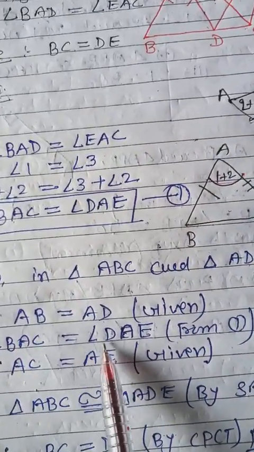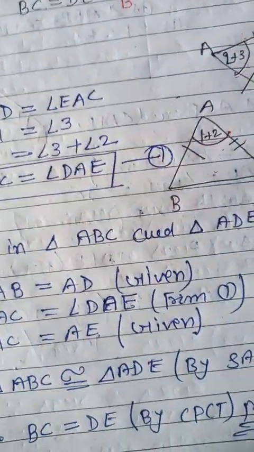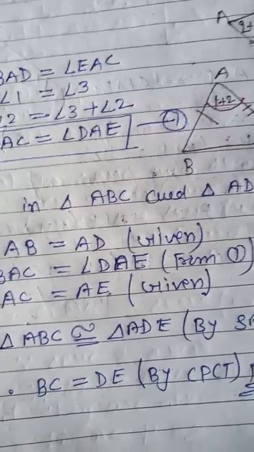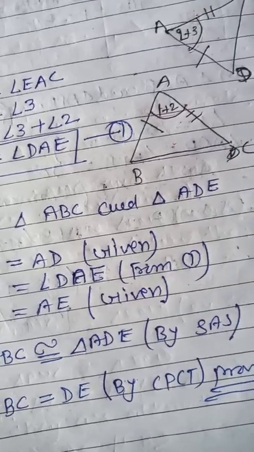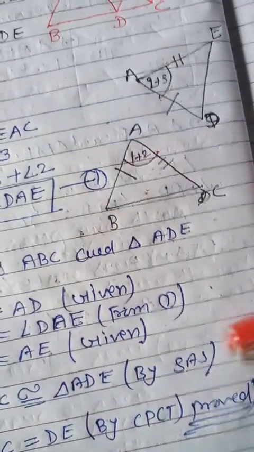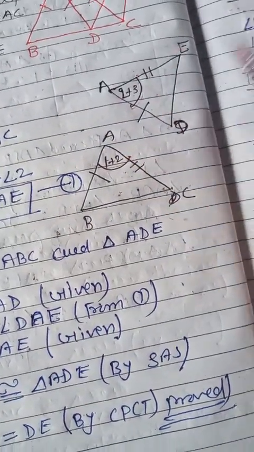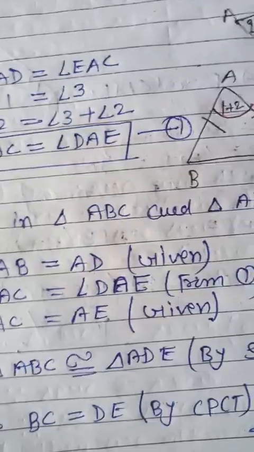Angle BAC is equal to angle DAE from first, and AC is equal to AE, this is also given.